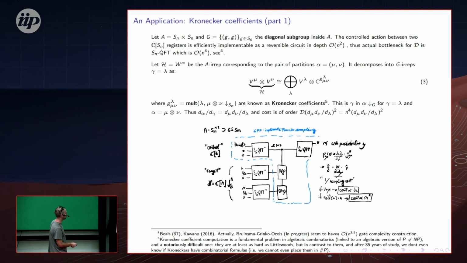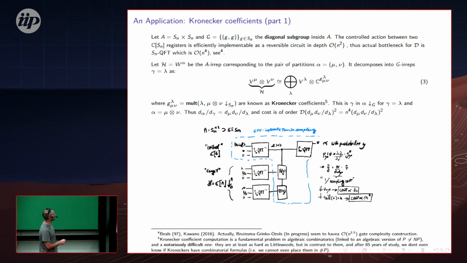Here are some papers that discuss SnQFT. There's also an in-progress paper by Brinsma, Grinko, and Ossos that seems to have an n to the 3.5 complexity, which is very interesting. But let's assume it's n to the 4 for now.